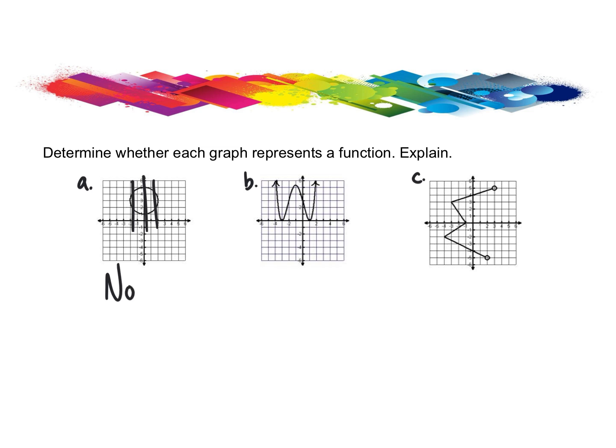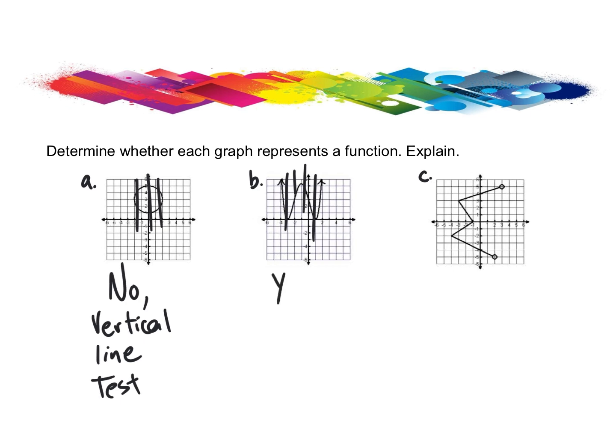So this is not a function. I'm going to put vertical line test as my explanation. Now for B, I can draw a vertical line anywhere on this graph, and it just touches one point. No more, no less. So yes, again, the vertical line test.